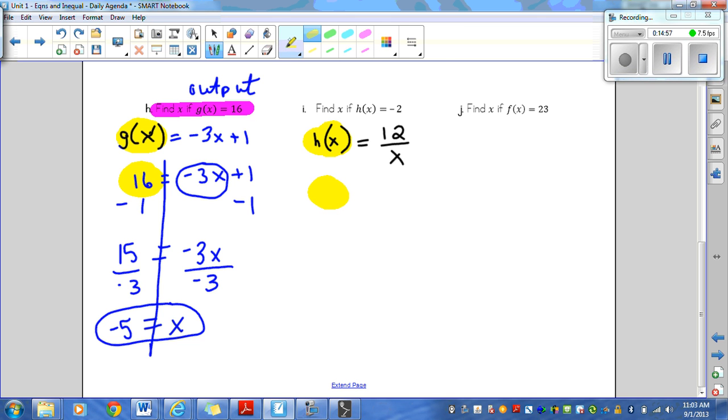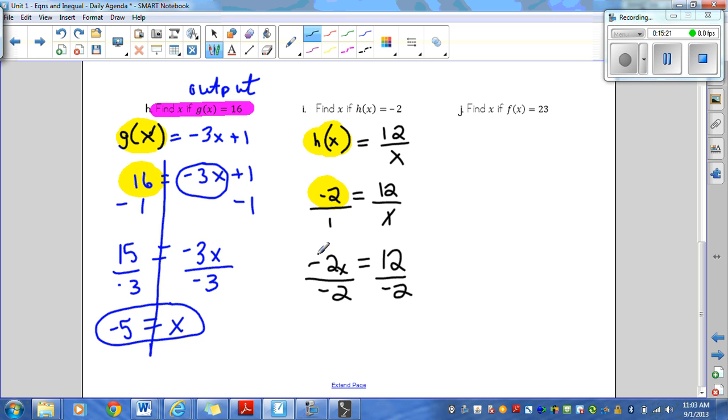I'm just going to plug in negative 2 as my answer, and I'm going to have your input. What did you input to get out negative 2? I'm going to put negative 2 over 1 so that I can cross multiply. If it looks like it could be a proportion, try putting one of the numbers over 1 so that you can cross multiply easily and figure out what your answer is that way. Then you divide both sides by negative 2 and you get negative 6.